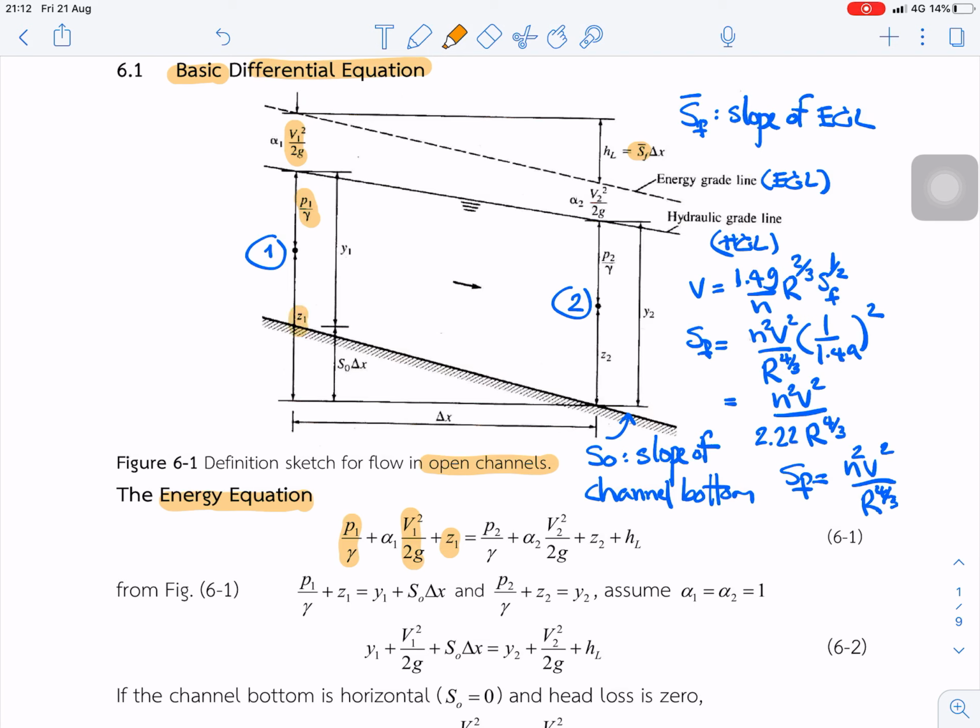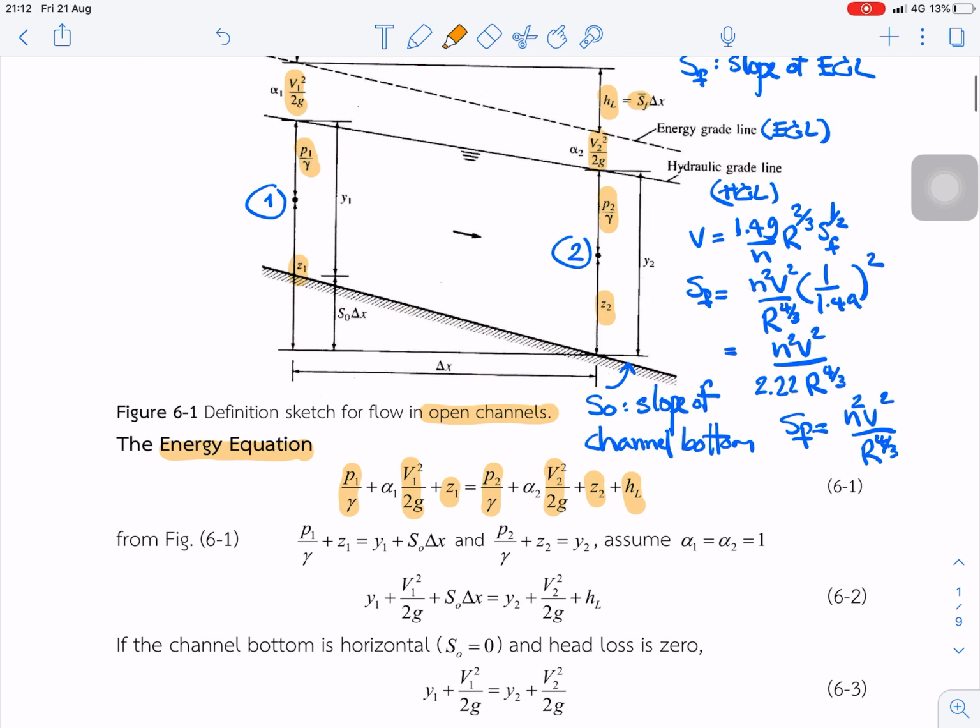That is the total energy at point 1. At point 2, there is the pressure at point 2, plus the velocity head, plus the elevation head, and head loss. So both sides of the equation are equal.